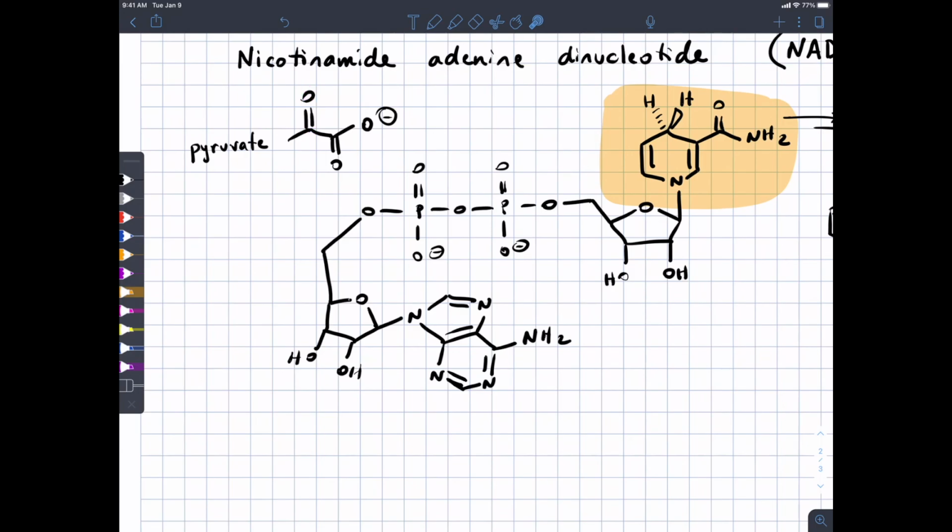So we're going to show a hydride being delivered from NADH. We're going to show a hydrogen with its electrons being delivered from NADH to the pi star of the carbon-oxygen pi bond, thereby breaking that bond with electrons moving out onto the oxygen.